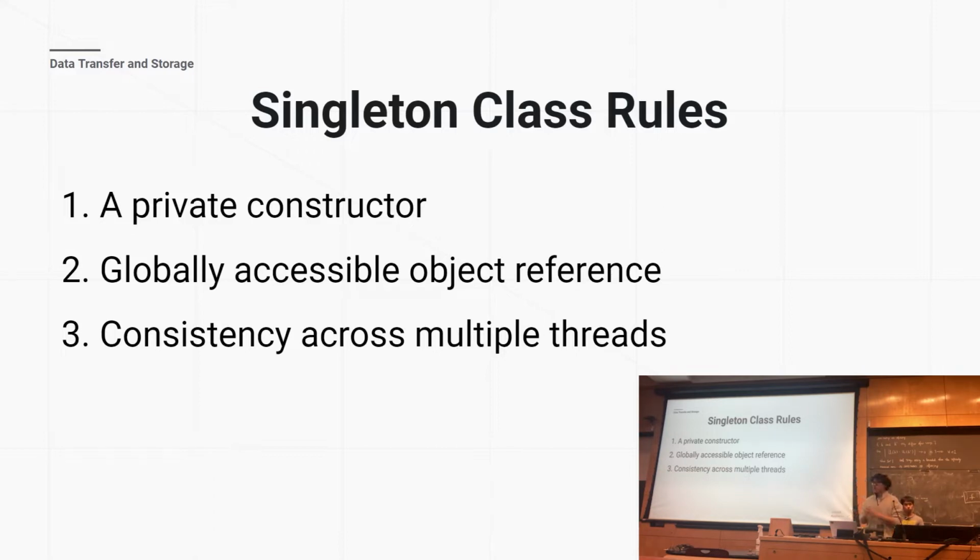Second, it needs globally accessible object references. This is due to the fact that we want the information within the singleton to be accessed throughout our entire app, so it is important that we give other classes the ability to access these objects on a global scale. Finally, we need consistency across multiple threads.